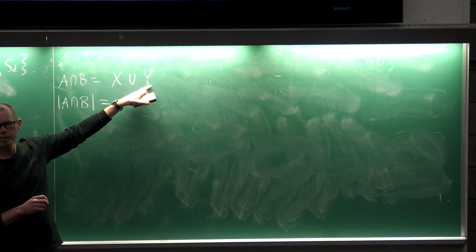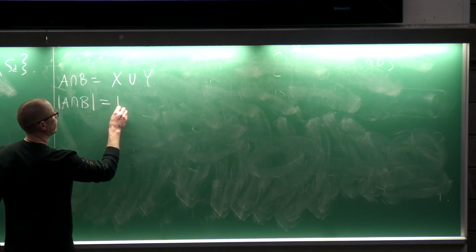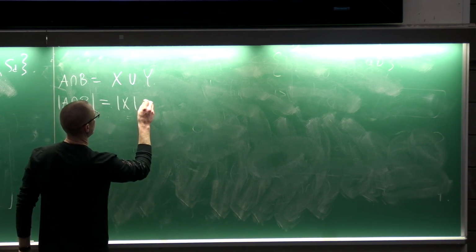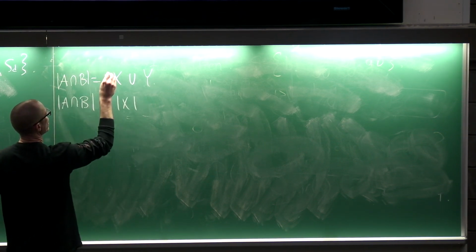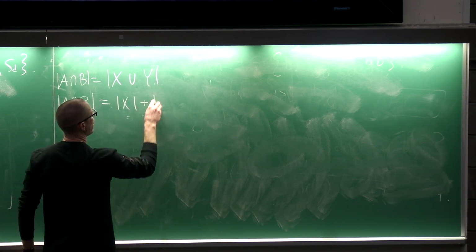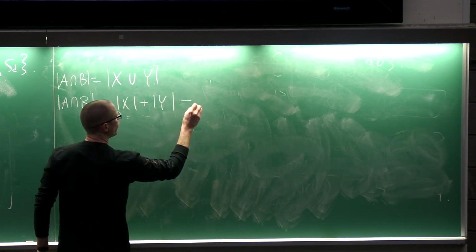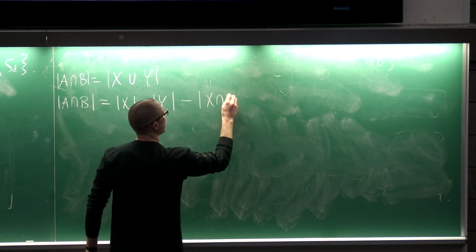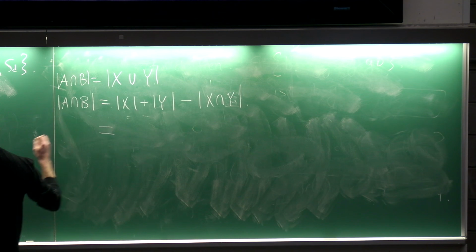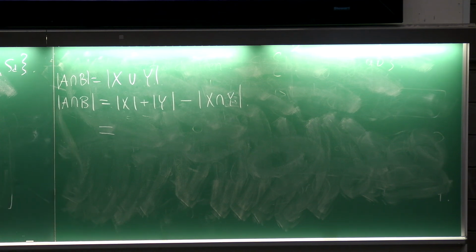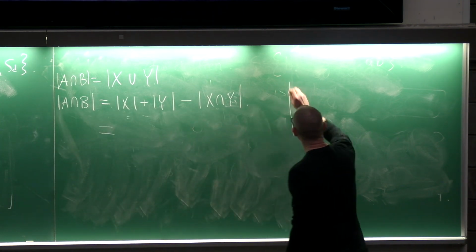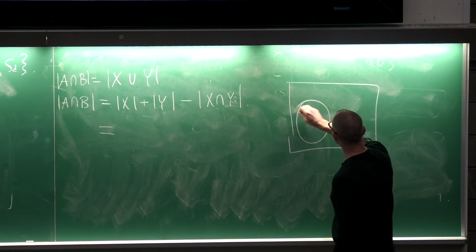X plus Y minus, yeah, X intersect Y. So the size of A intersect B is the size of X plus the size of Y. And don't forget, when we do that, we have double counting stuff that is both in X and Y. This is the intersection, right? That's this picture, the principle of inclusion-exclusion.